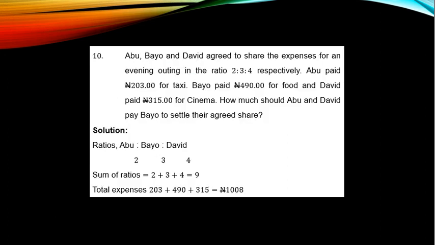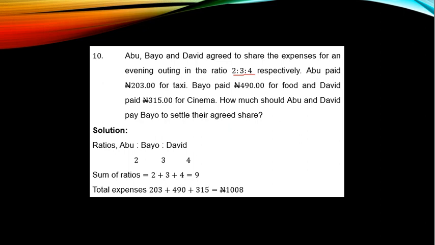Example 10. Abu, Bayo, and David agreed to share the expenses for an evening outing in the ratio 2 to 3 to 4 respectively. That means Abu takes 2, Bayo takes 3, and David takes 4.